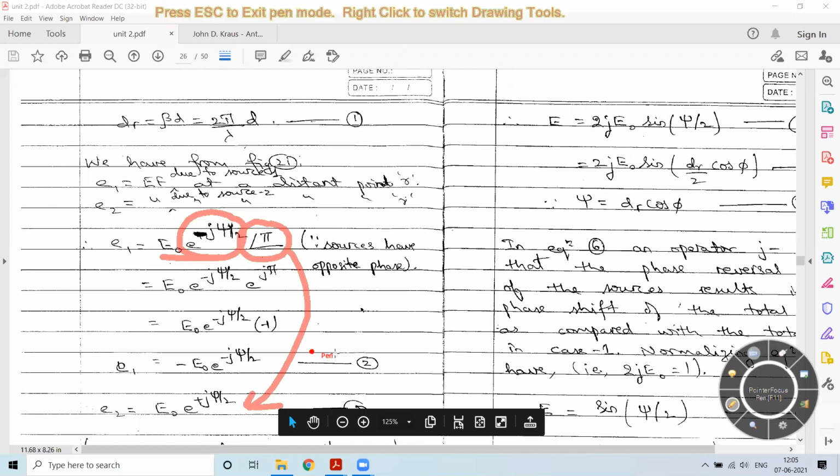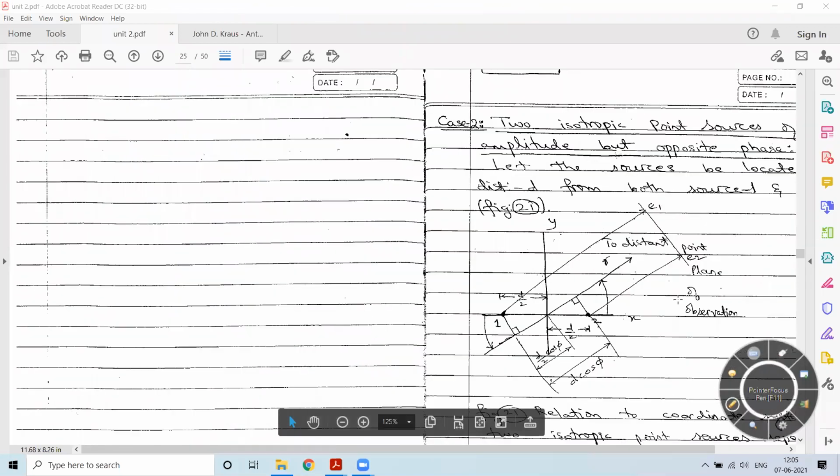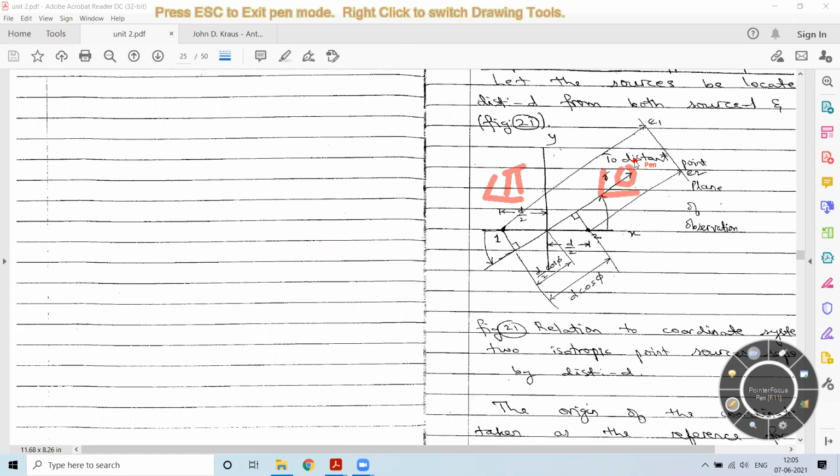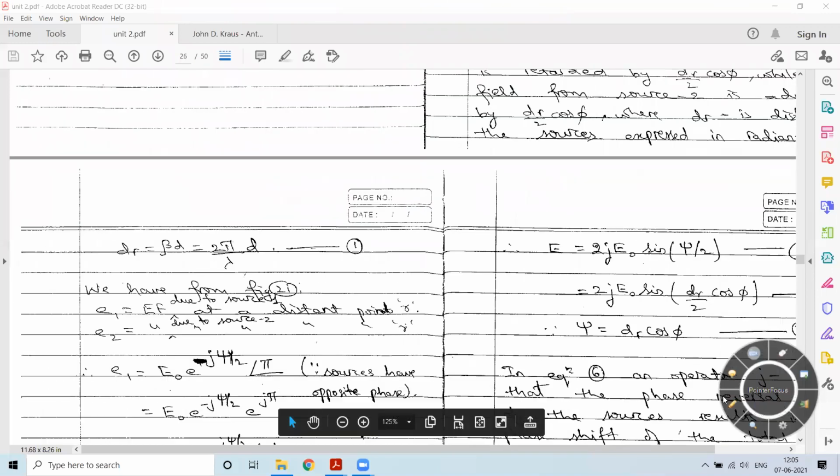The condition we have put forth is that the sources are opposite in phase, that is 180 degrees or pi radians out of phase. So the phase difference between these two sources will be pi radians, or 180 degrees. That is the condition we are putting forth.